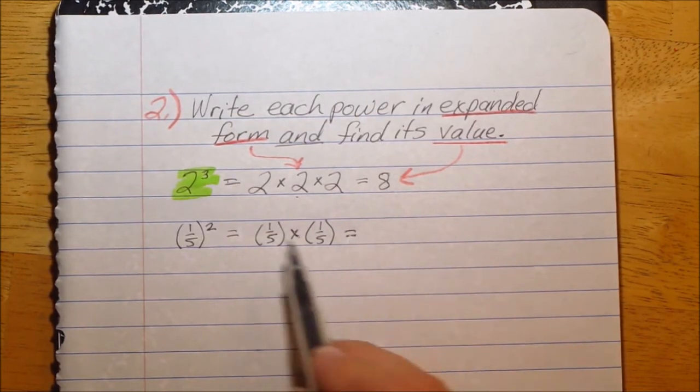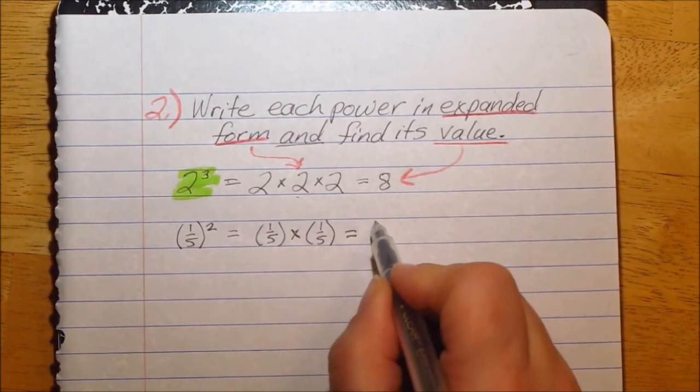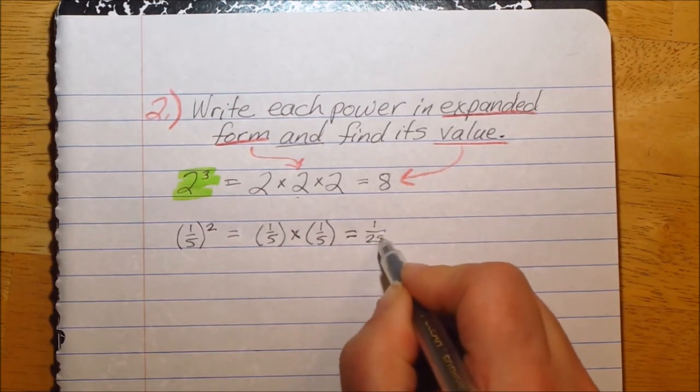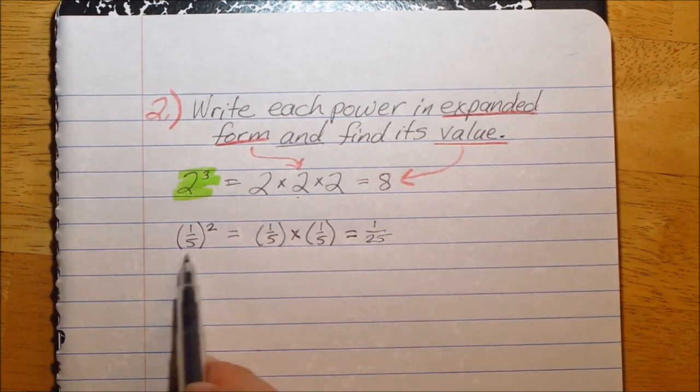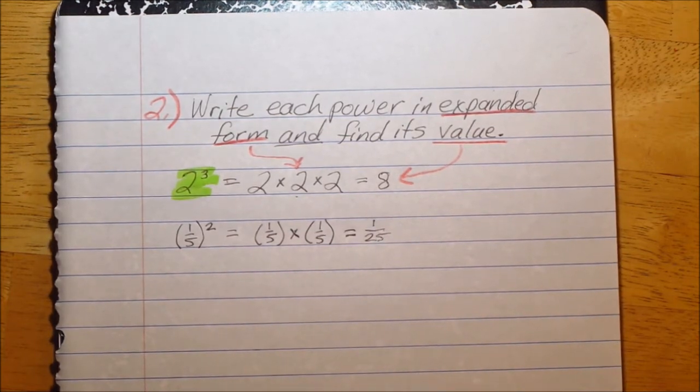Remember how we multiply, just multiply straight across. There's nothing we can cross reduce here. So 1 times 1 is 1, and 5 times 5 is 25. So the value of (1/5) squared is 1/25. So let's make some notes on what we see here.